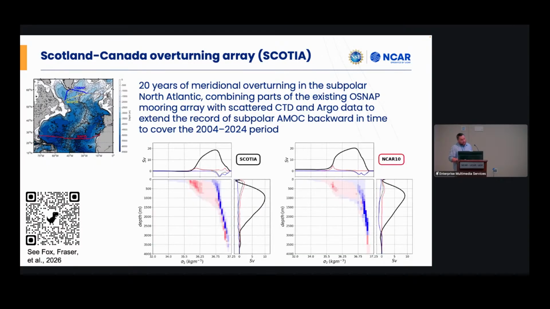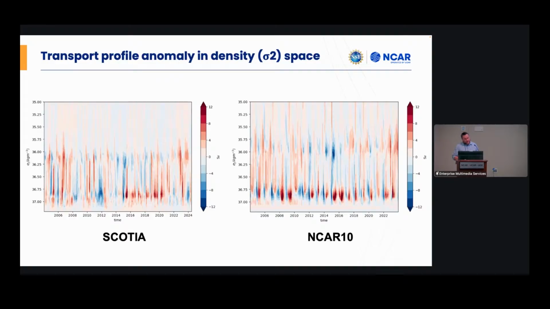So we can redo all the same kind of exercise. Again, there is pretty good agreement between the model and the observation at that line. And one thing that is interesting is now we have a much longer time series. This is showing transport profile anomaly in density space, and you can start to see this deep anomaly, and there is a hint that those anomalies may propagate toward weaker density.